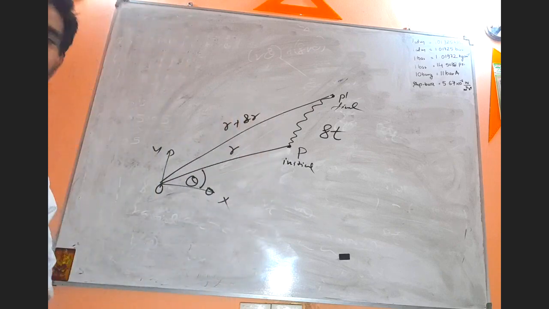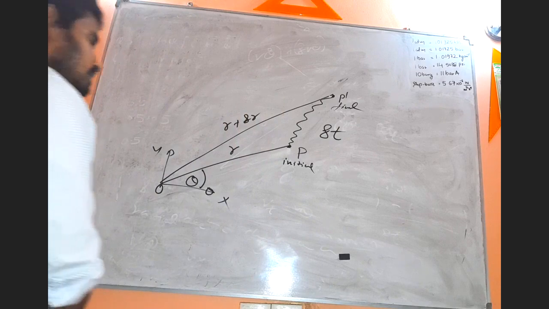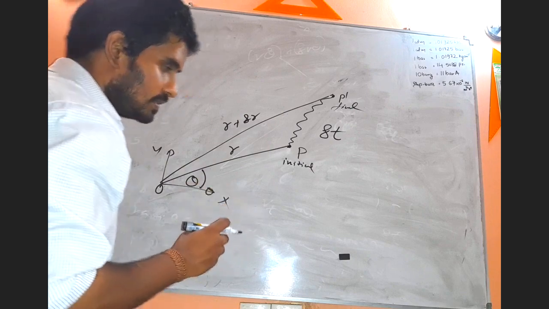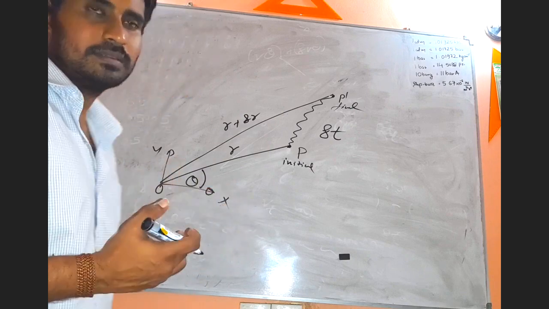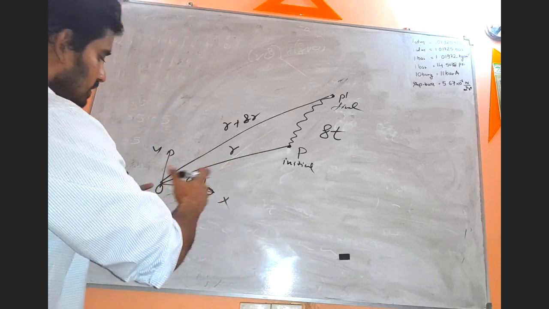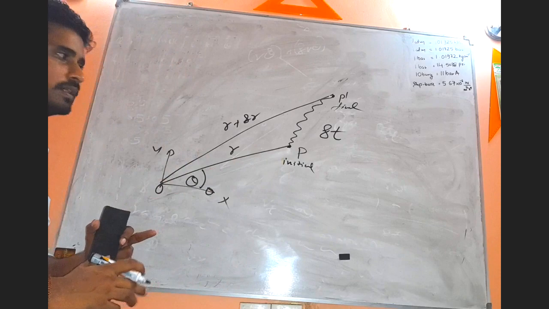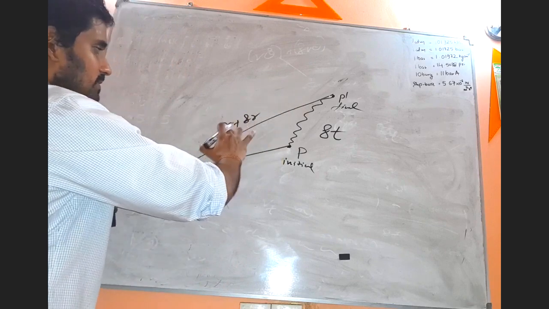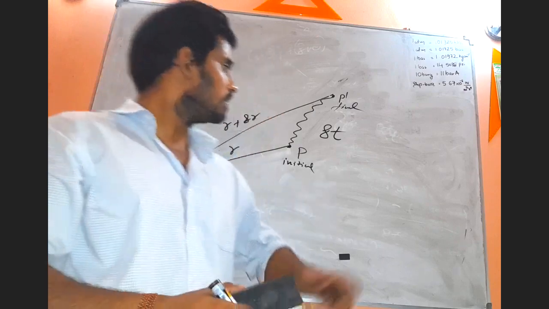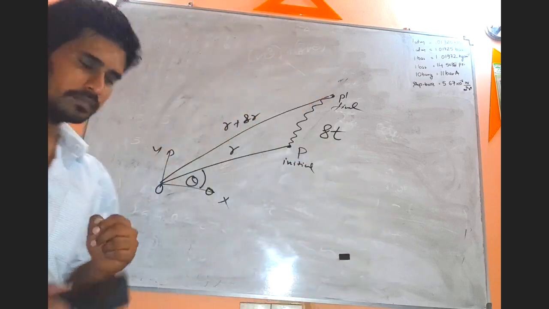It is better to use the term displacement rather than distance. So the initial displacement is r and the final displacement is r plus delta r. Delta r is the change in the displacement after delta t period of time.